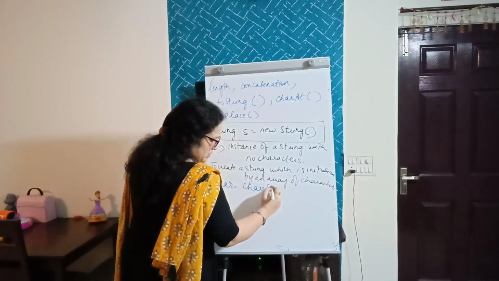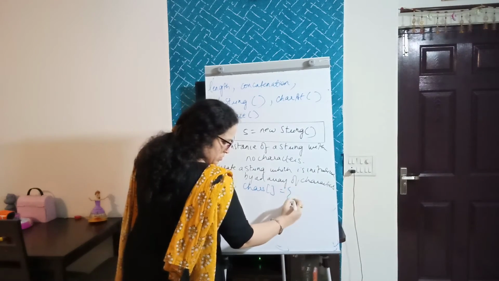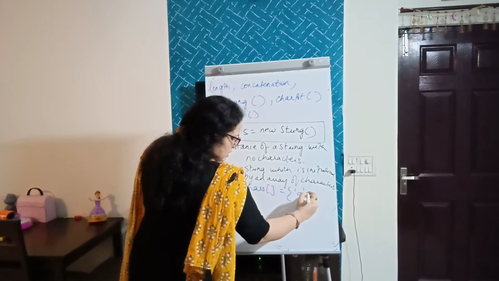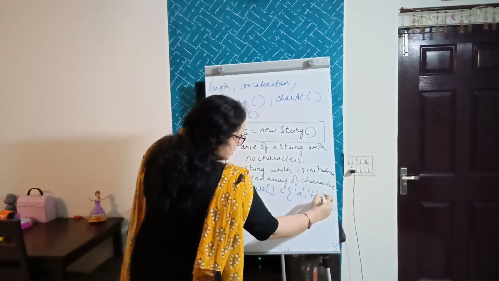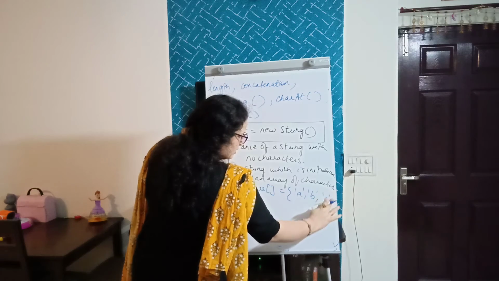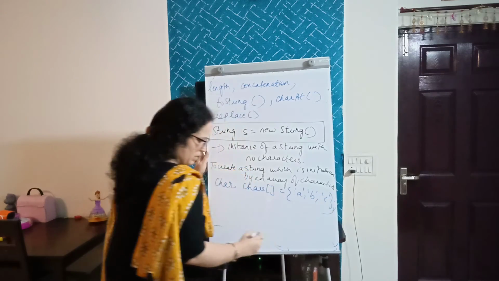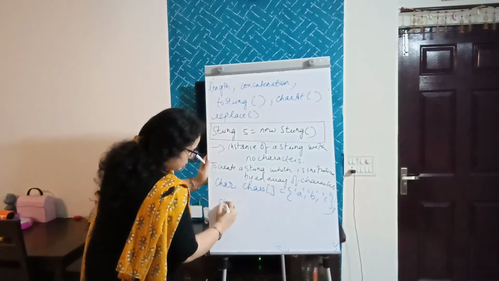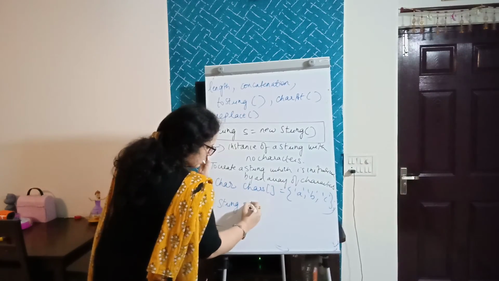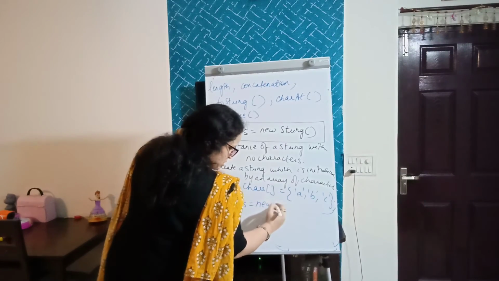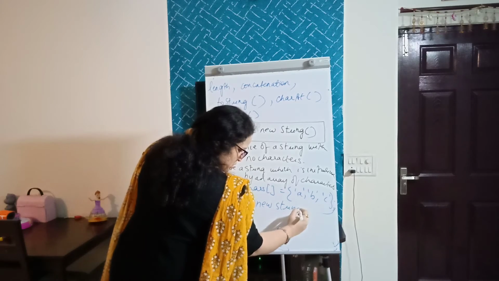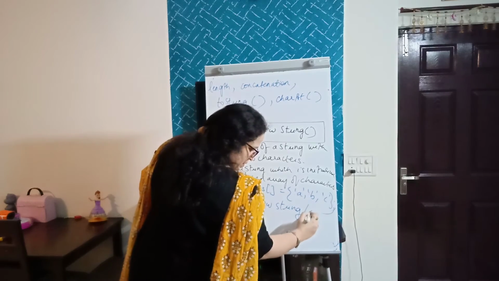char chars[] = {'A', 'B', 'C'}, okay, and String s = new String(chars).